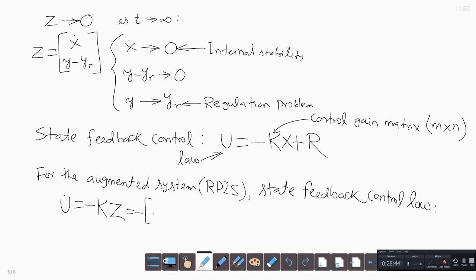So, K1, K2, K3, and Z is omega, Ia dot, and y minus y r. This is the Z.